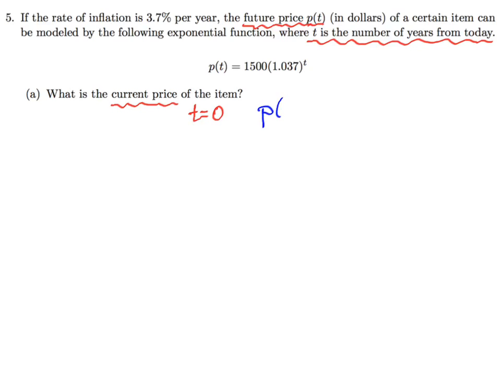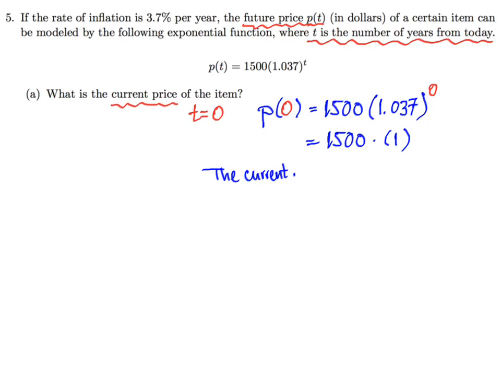So let's plug in t equals 0, and we get P of 0 is 1500 times 1.037 raised to the 0. And 1.037 to the 0 is 1, so we get 1500. So the current price of this item has to be $1,500.